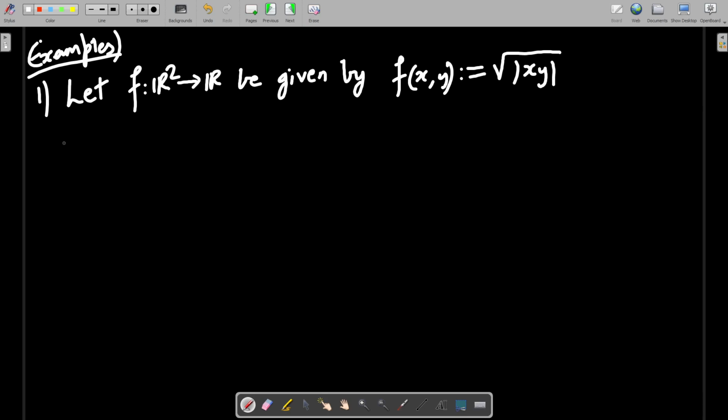We have already seen that. Recall what we have seen so far. We have done this function earlier on. If you can't find it, no problem, we can just redo these things. f is continuous at (0,0).